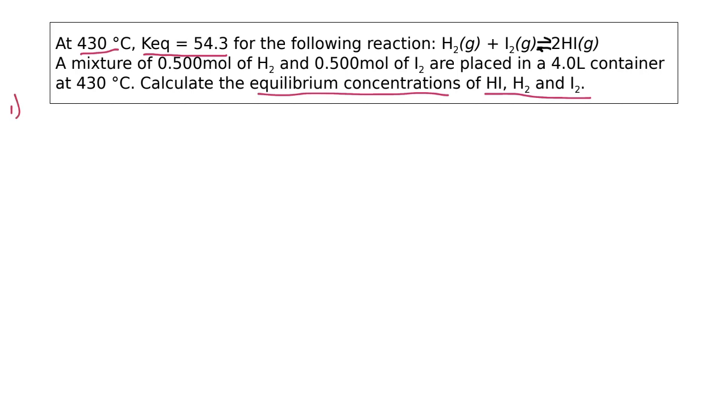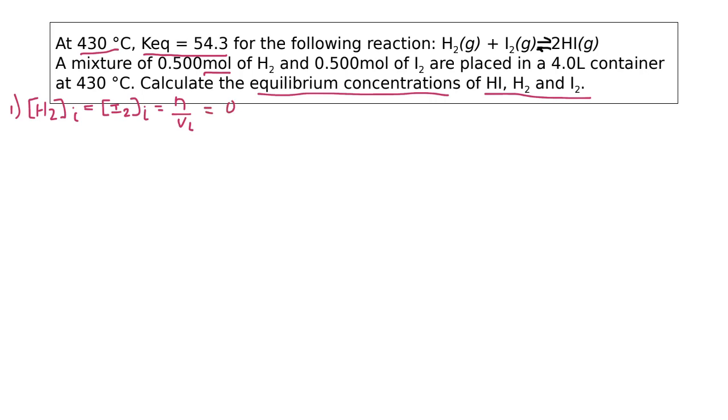So the first step that we need to do is calculate these initial concentrations of hydrogen, because we notice that the unit is moles and we need moles per liter. Now, the good news is that both of them are the same. So the initial concentration of hydrogen equals the initial concentration of iodine, which equals moles divided by my volume in liters.